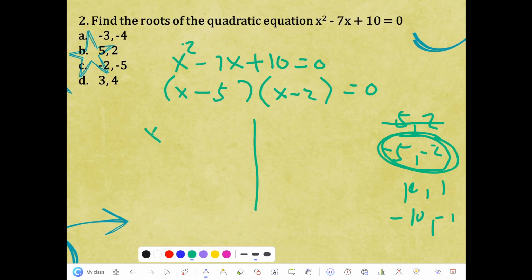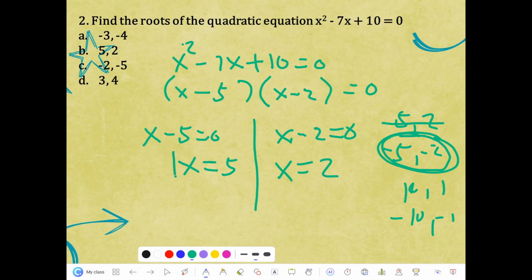So have here x minus 5 is equal to 0 and x minus 2 is equal to 0, and then transpose x is equal to 5 and x is equal to 2. So ang ating sagot dito sa specific question na ito ay letter B. Okay, now let's practice again using our calculator.